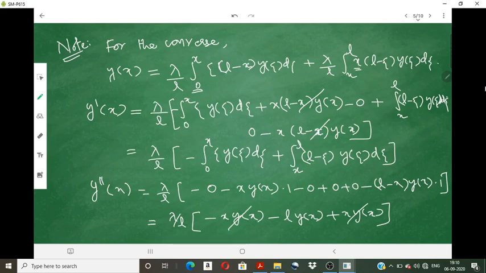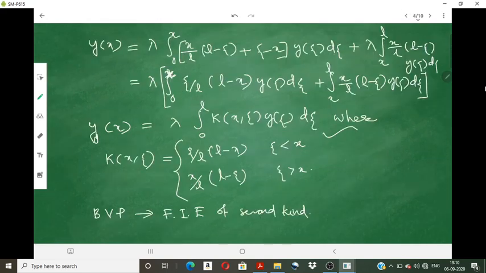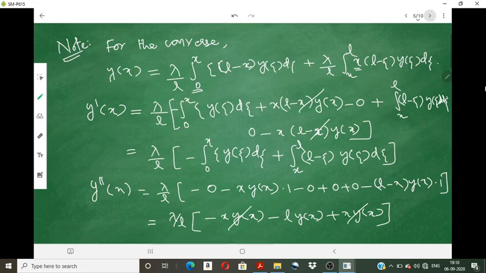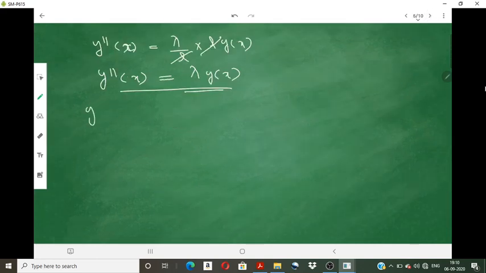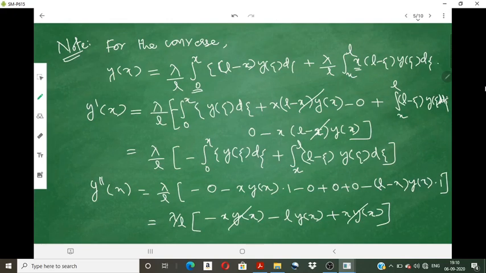From the given integral equation itself, we can find y of 0. When we give x as 0, we will get integral 0 to 0, that will be 0.